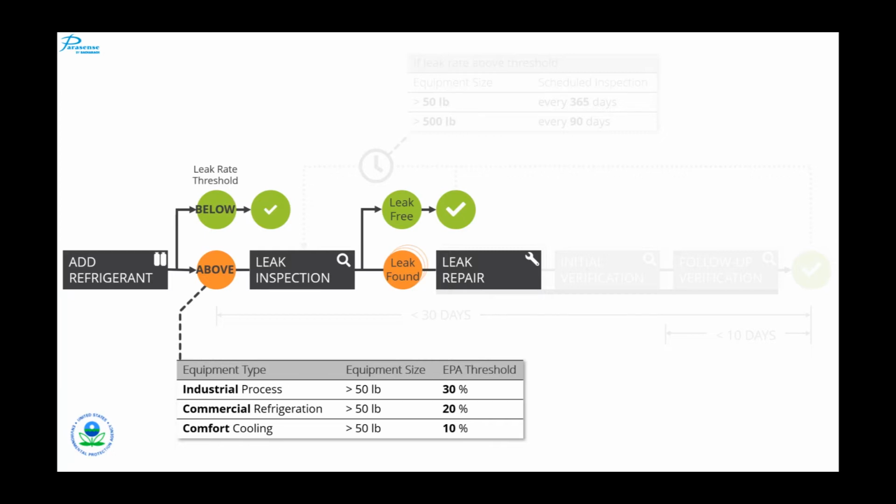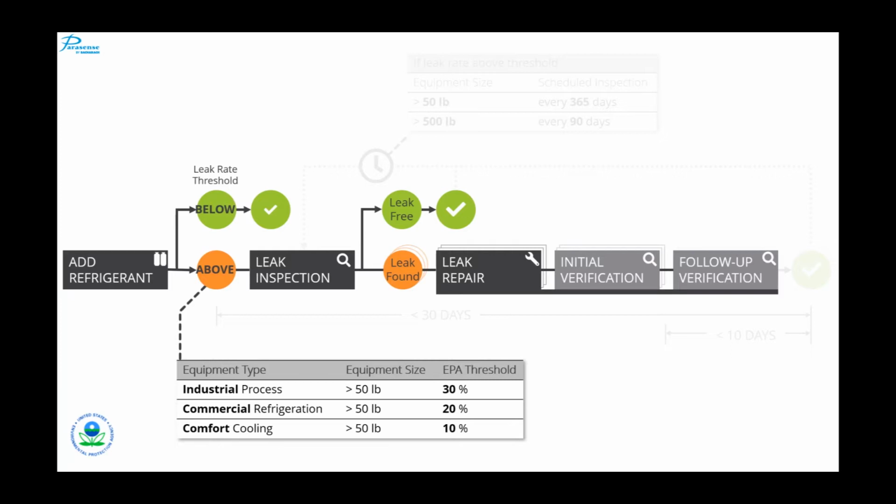The regulatory leak repair process consists of 3 steps. Firstly, repairing the leak. Secondly, an initial verification that the repair is successful. And thirdly, a follow-up verification that the repair is successful, this time ensuring that the equipment is running at operating conditions.